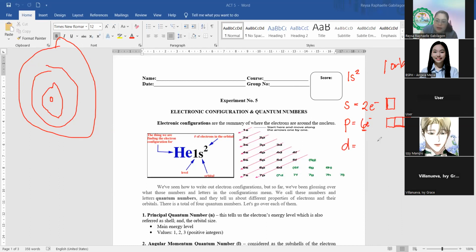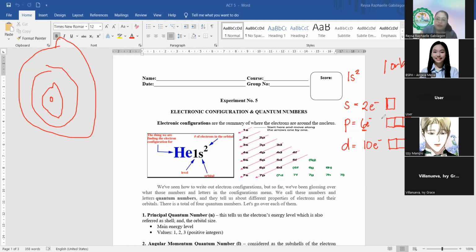Si D naman, 10 electrons yan lahat. Kasi meron siyang 5, wait lang, naghang akong pen. Okay. Ayan. So, 1, 2, 3, 4, 5. Meron siyang 5 orbitals.